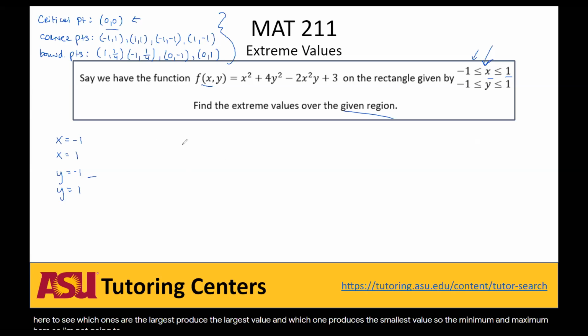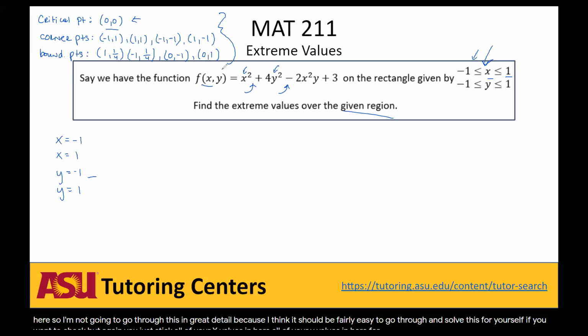I'm not going to go through this in great detail because it should be fairly easy to go through and solve this for yourself if you want to check. But again, you just stick all of your x values in here, all of your y values in here for each point, and then find the value.